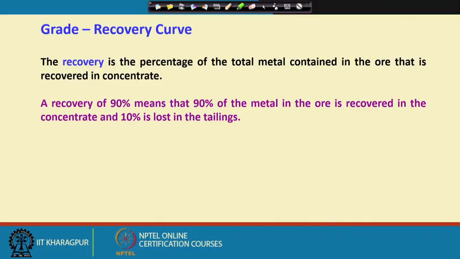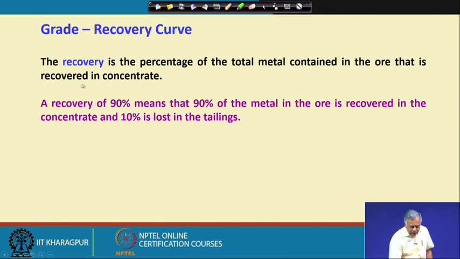Now, there is a term we use that is called the recovery. What does the recovery mean? The recovery is the percentage of the total metal contained in the ore that is recovered in the concentrate. What is the meaning of that?